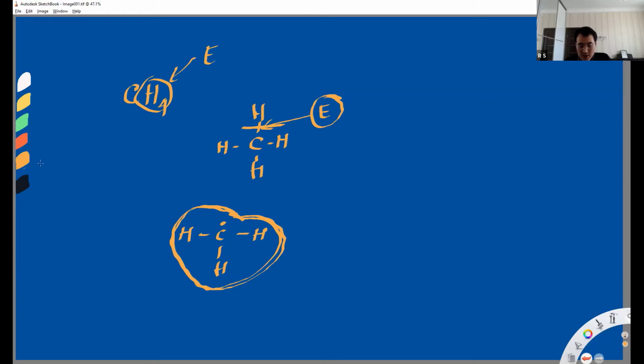So it attacks everything that is close to it. Usually it's a chain reaction, which means this molecule attacks another molecule, and the other molecule becomes a free radical.